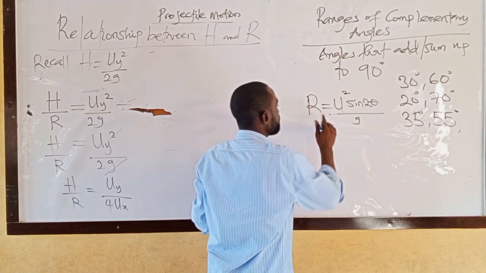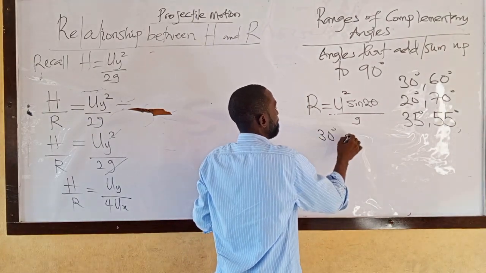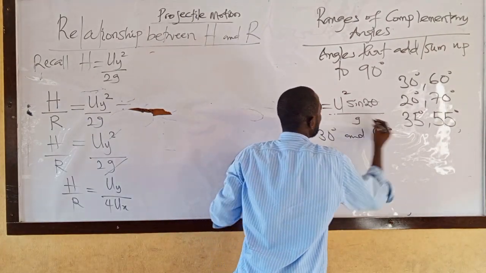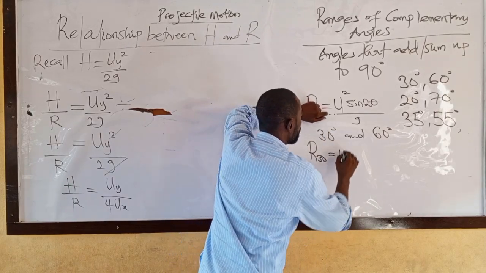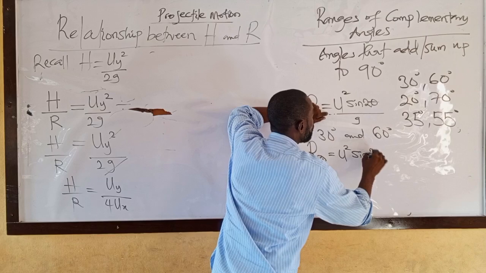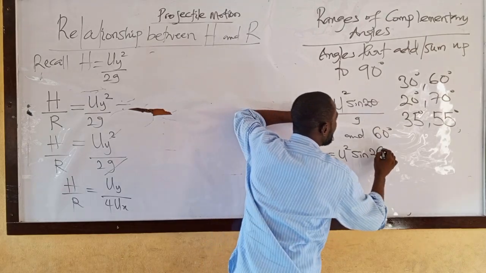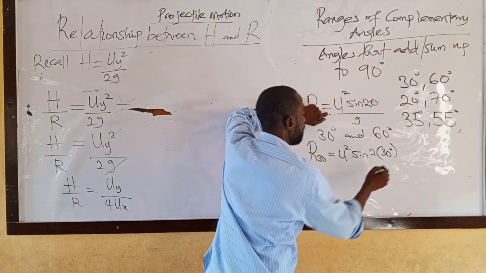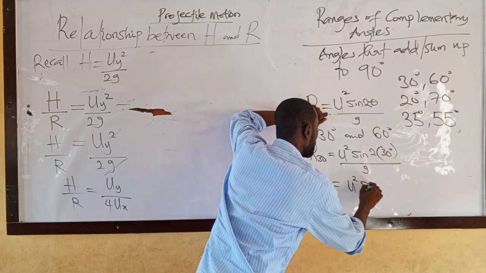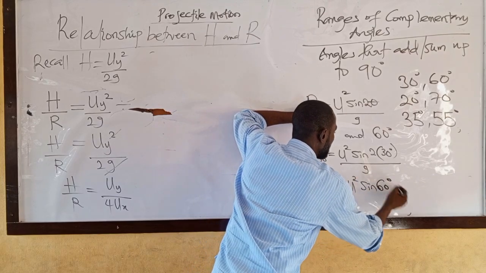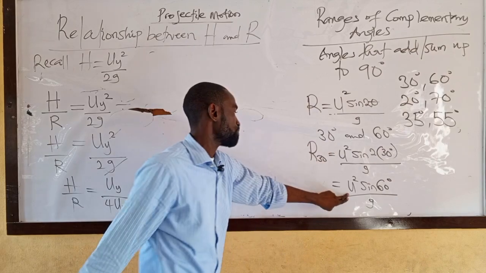So the range of 30 will be U squared sine 2 bracket 30 degrees all over g, which is U squared sine 60 all over g. Are you with me?